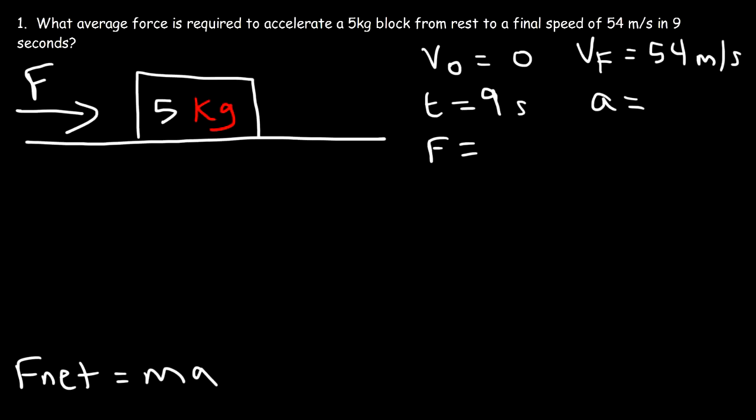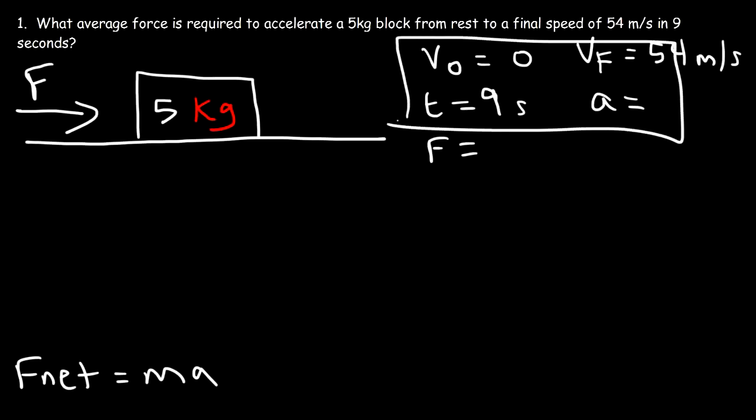Now, we have to assume that friction is not present because we don't have any information to determine what it is. So we're going to assume that the applied force is the only force acting on the block in the x direction, and so that's going to represent the net force. So let's focus on calculating the acceleration of the block. What equation contains these 4 variables?